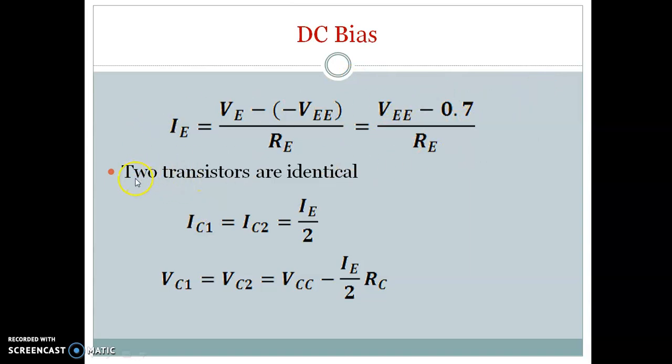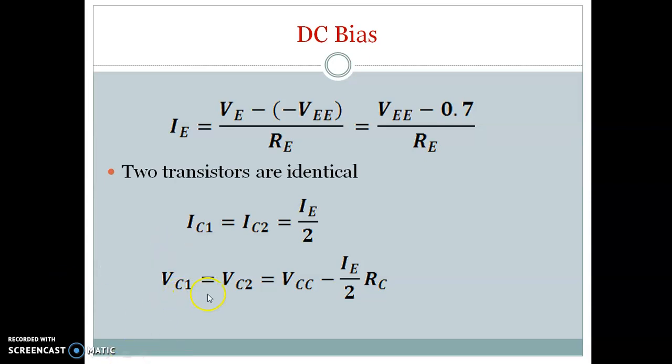We next assume that both the transistors are identical. If they are identical, then current gets equally divided. So IC1 is equal to IC2, which is equal to IE by 2. In the resistor RE, IE by 2 from Q1 and IE by 2 from Q2 combined produce IE current.